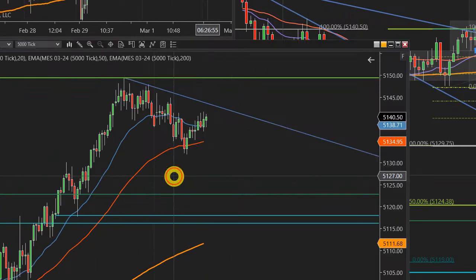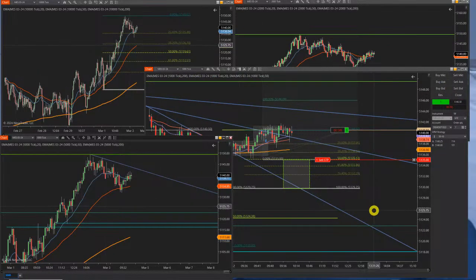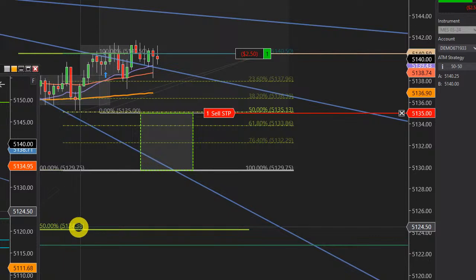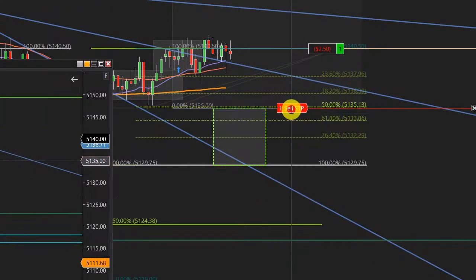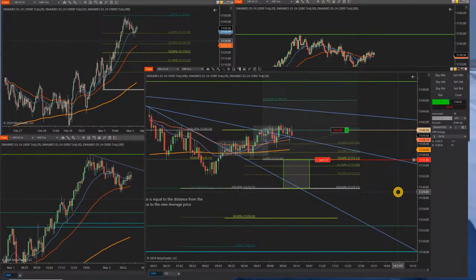It's already bounced off it, it would have to come down and penetrate this area here. And the point is that it would lower my average price to where my stop loss is at right now. It would lower my price.